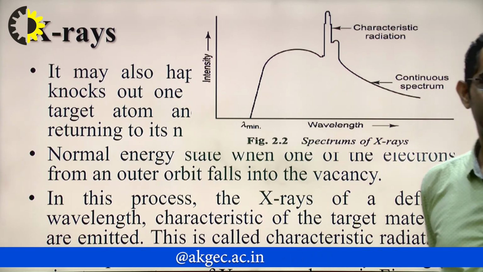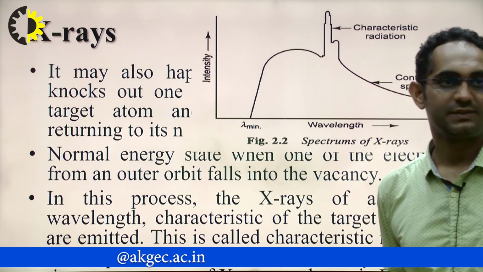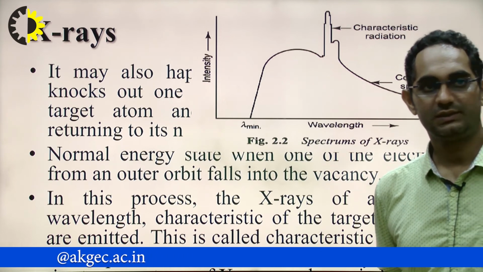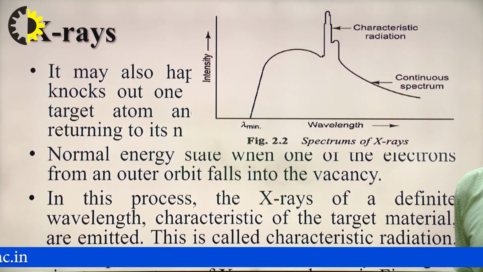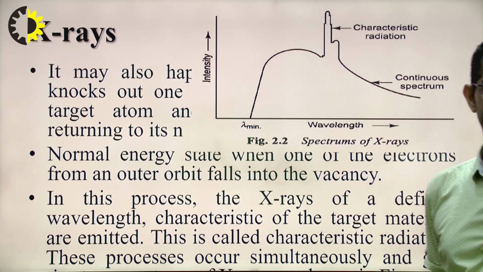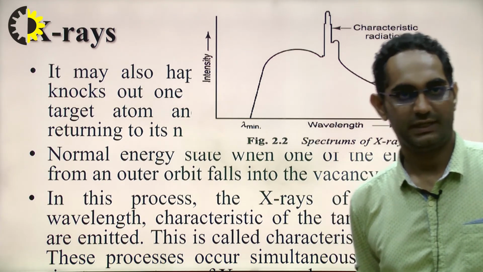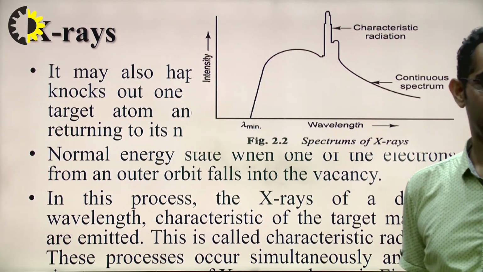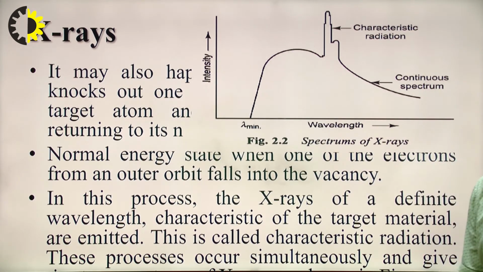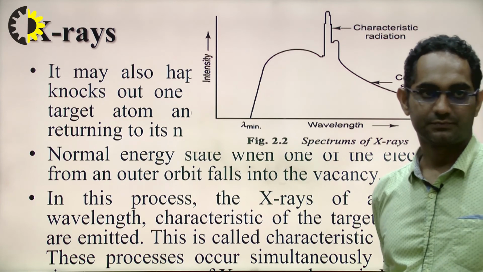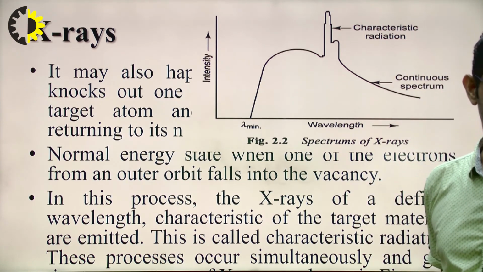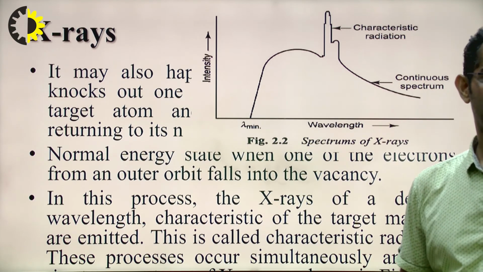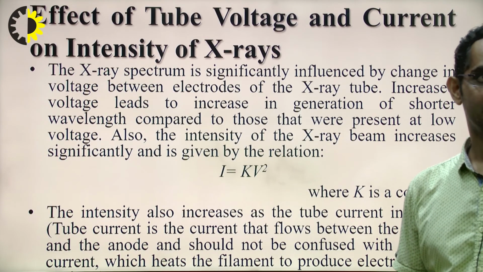Wavelength gets increased with the intensity. When one of the electrons from an outer orbit falls into the vacancy, X-rays of a definite wavelength characteristic of the target material are emitted. This is called the characteristic radiation. These processes occur simultaneously and give the best result.